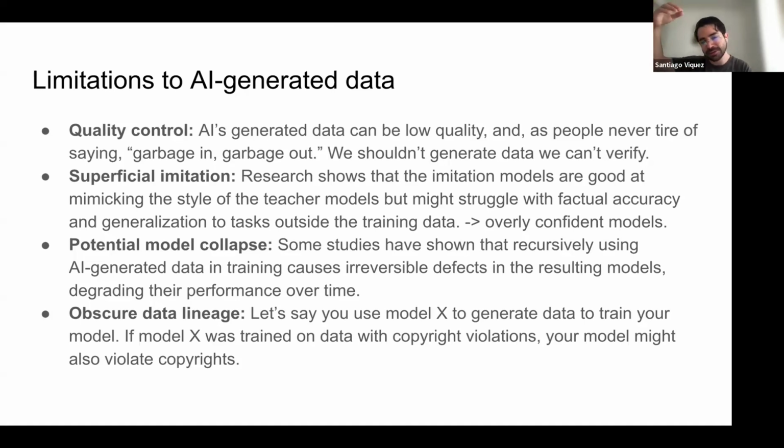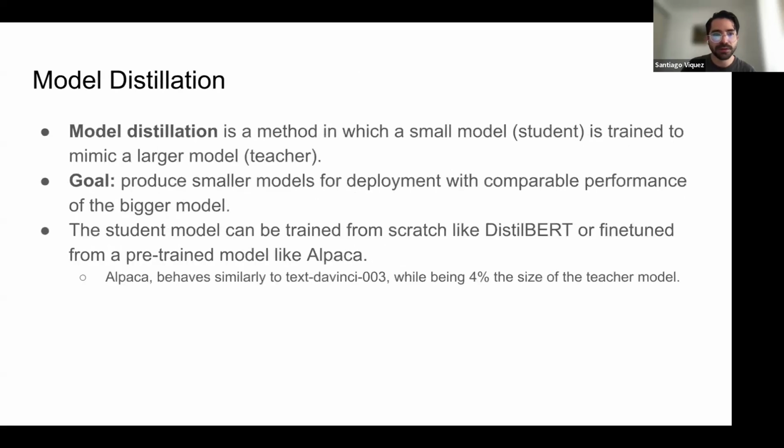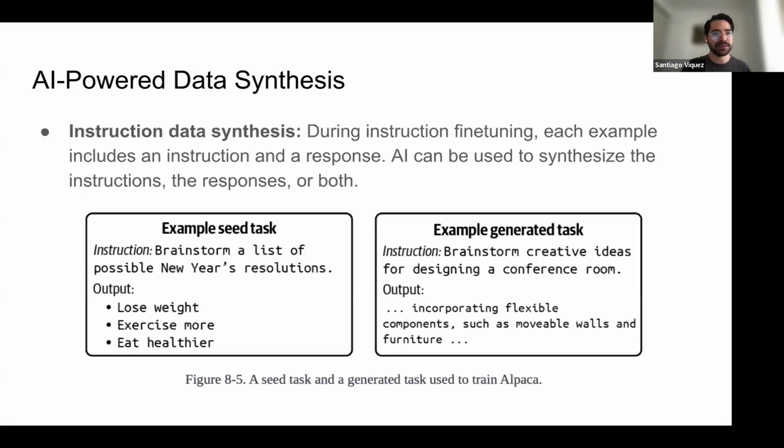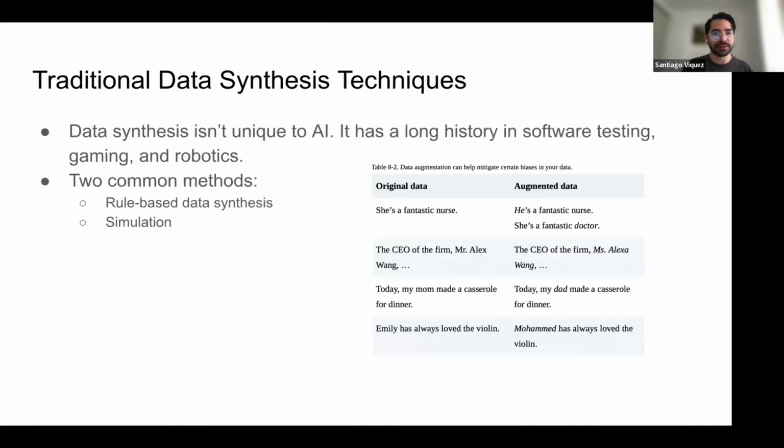If you generated some other data from a model, there might be copyright violations in there. So it's going to be an obscure data lineage, because you cannot easily go back to track where that specific example came from. So that's about data synthesis.